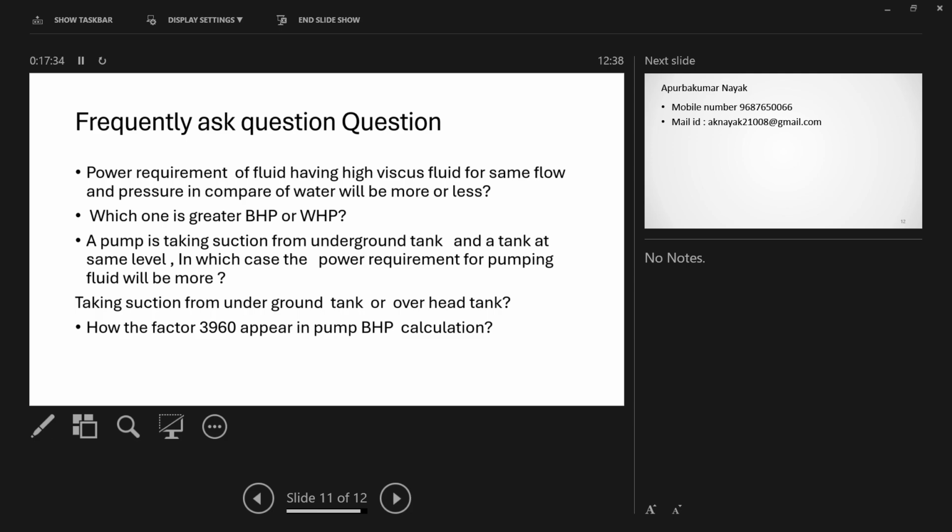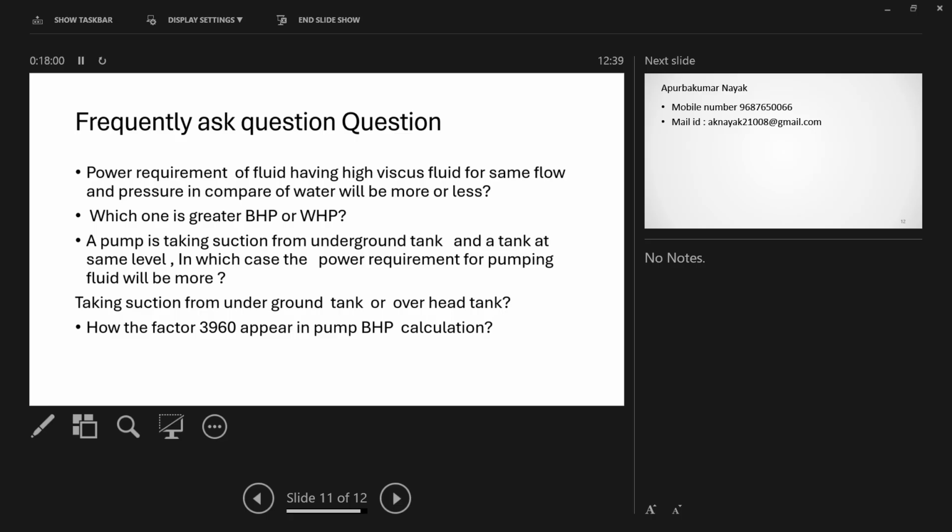Another question may be: suppose a pump is taking suction from an underground tank, and in another case the same pump is used to take suction from the same level. In which case will the pump power requirement be more? Naturally, the pump taking suction from the underground tank will require more, because if you see the differential head, the total head is discharge minus suction level.